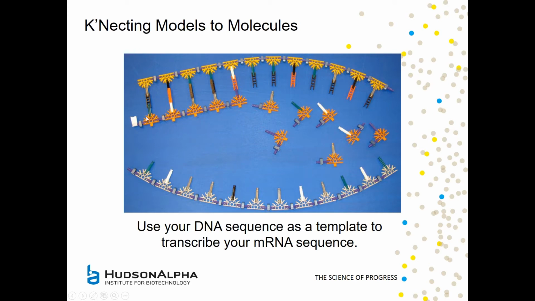And once your strand of messenger RNA is built, you can separate this whole strand, out it goes, and the DNA begins to zip back up together over here. That's about as close as you're going to be able to do with this model.